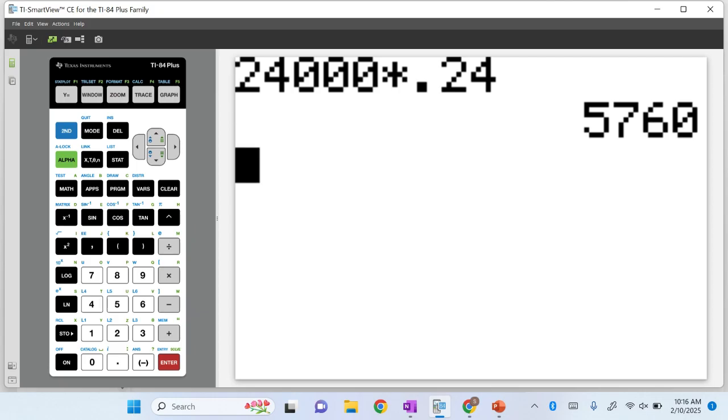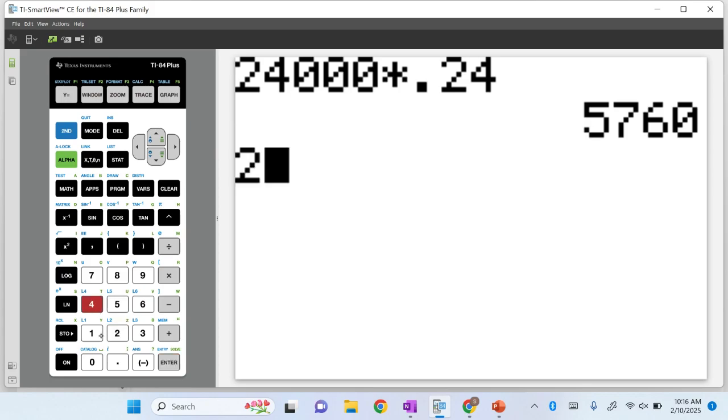But I want to know how much I have left in my account. So essentially, if 24,000 is 100% and I subtracted 24% from it, that means I have 76% of my cash left in my bank account.